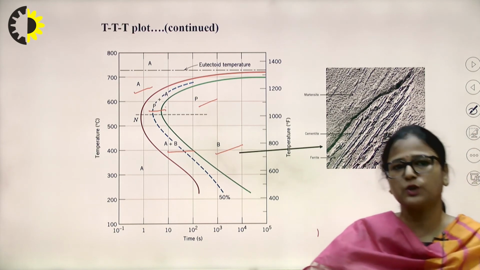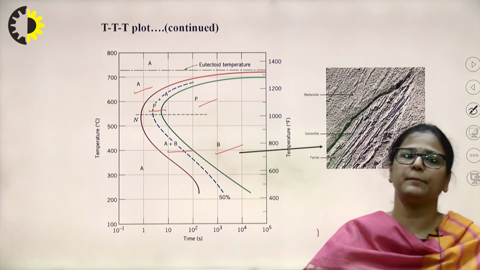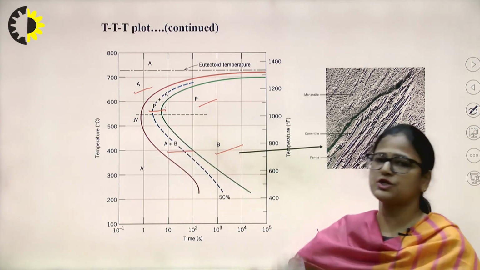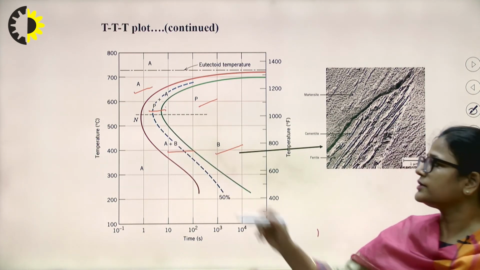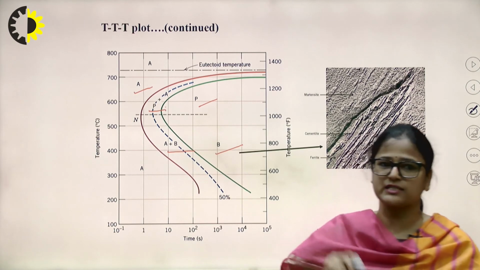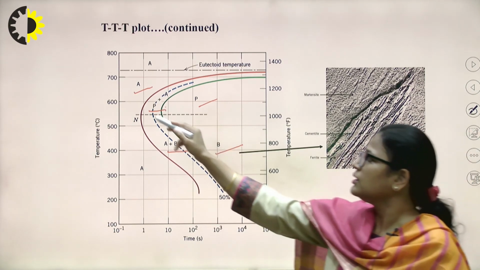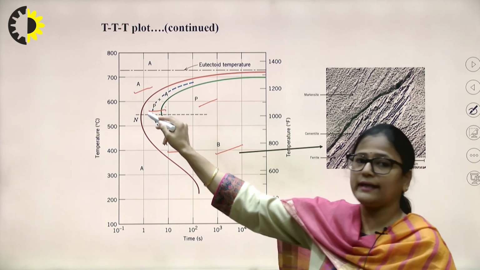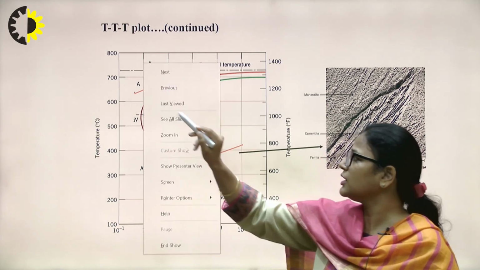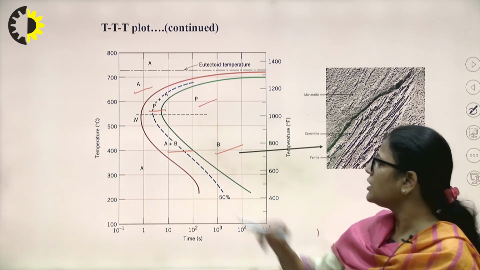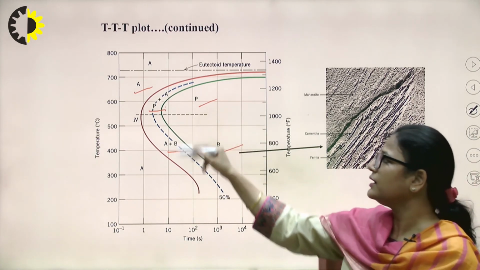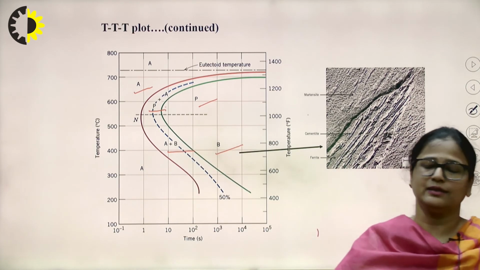At higher temperature, coarse pearlite will form. At lower temperature, fine pearlite will form. And below 540 degrees centigrade, the transformation rate is maximum, and it forms the C shape here. Point N is called the nose of this curve, and the shape is like the letter C.